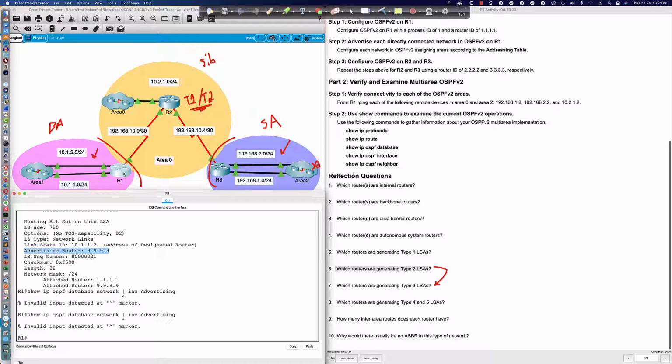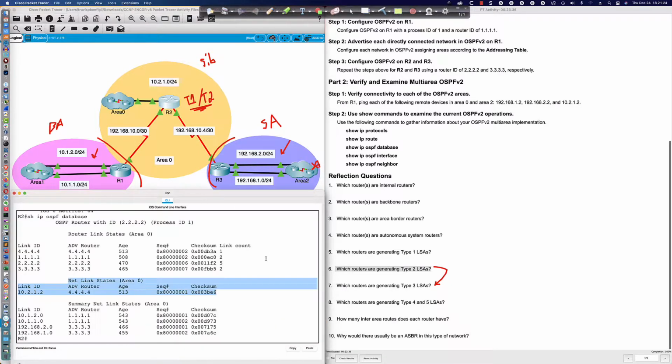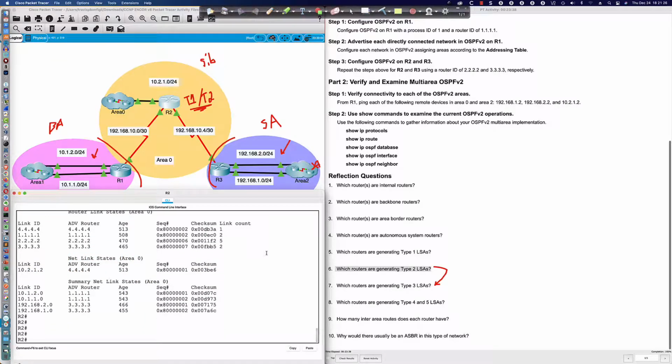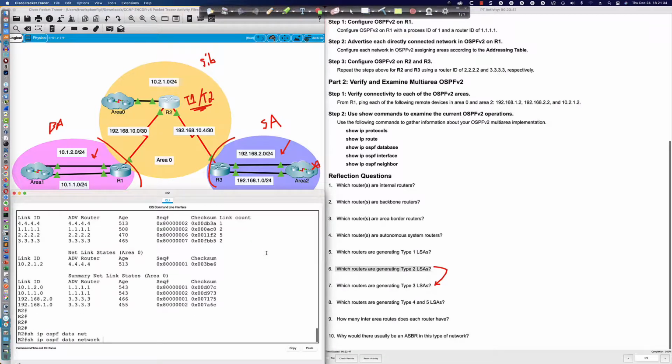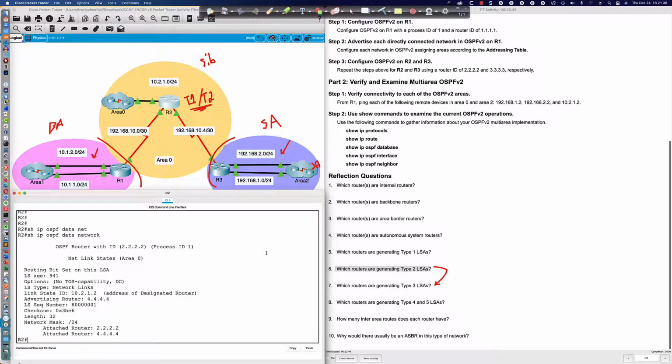From router 1's perspective, I'd have to come up here to router 2, and how many type 2 LSAs do you believe? And actually, the answer's right there. So I say show ip ospf database network. We see 1, right?